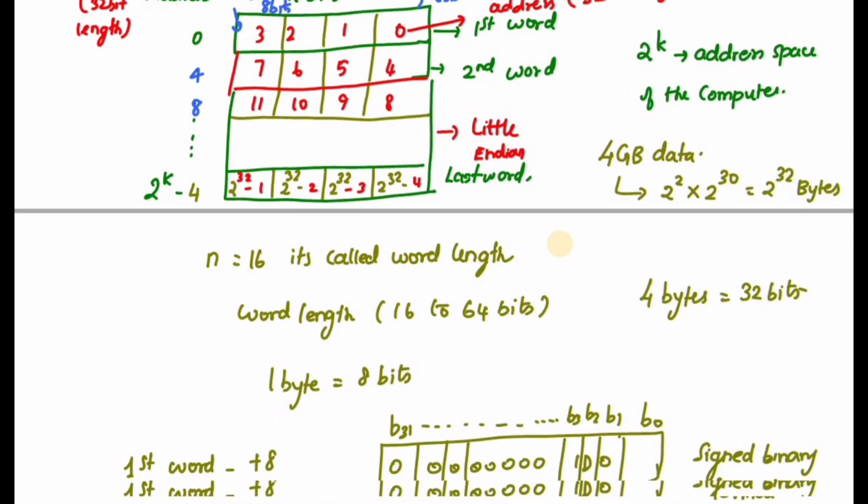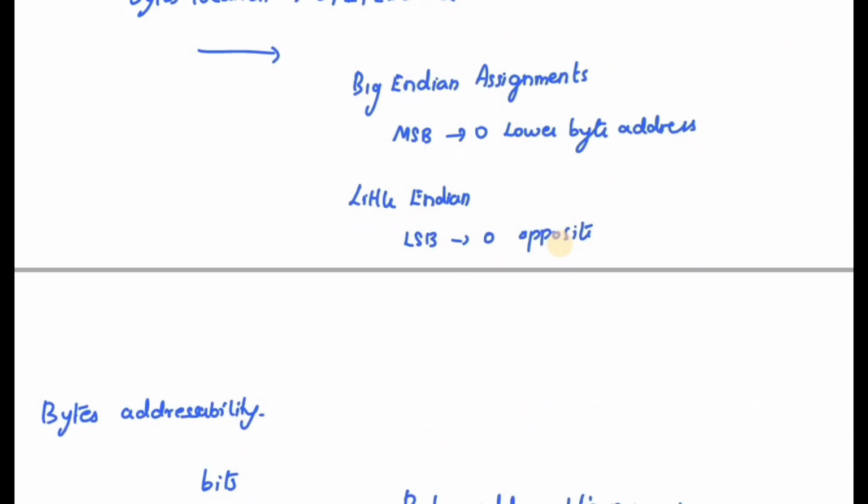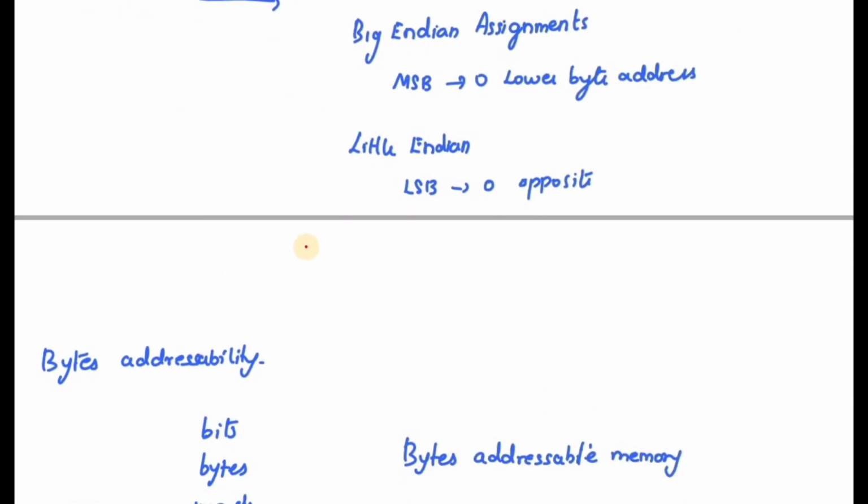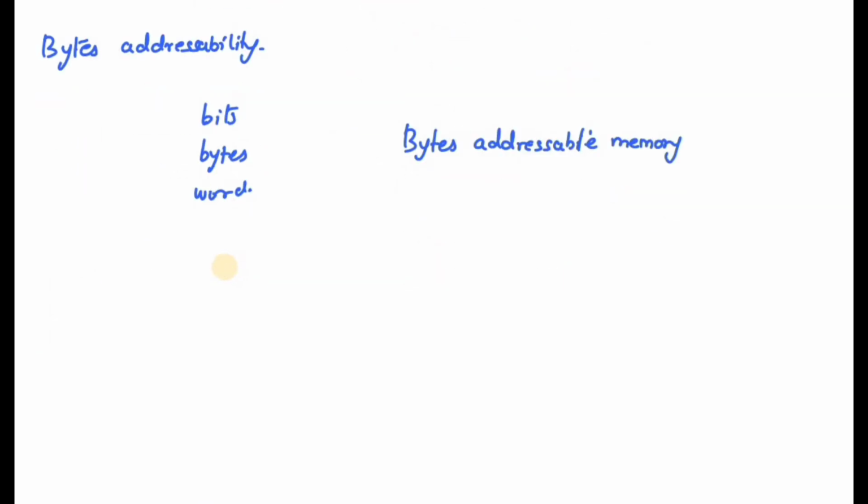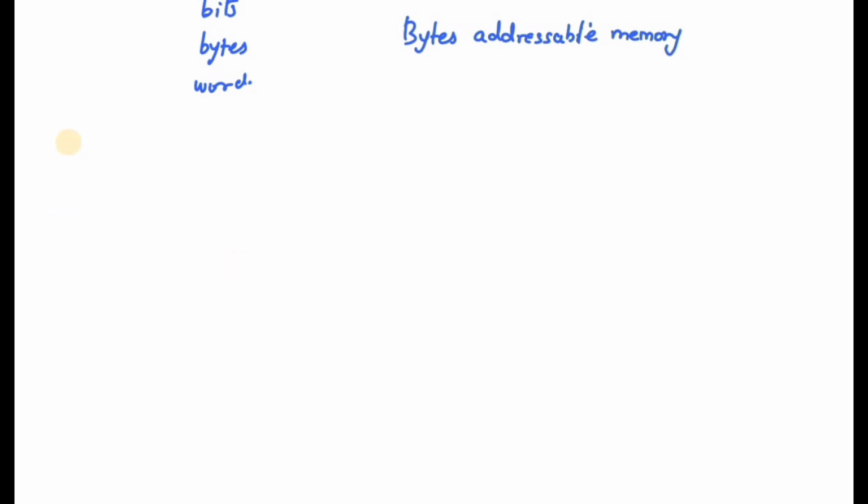The next one is word alignment. Here the word locations have aligned addresses if they begin at a byte address that is a multiple of the number of bytes in the word.